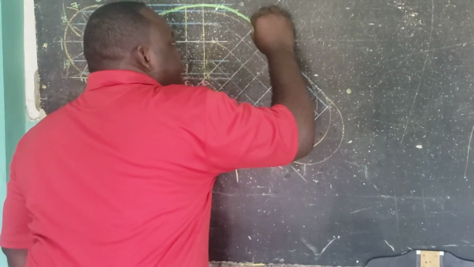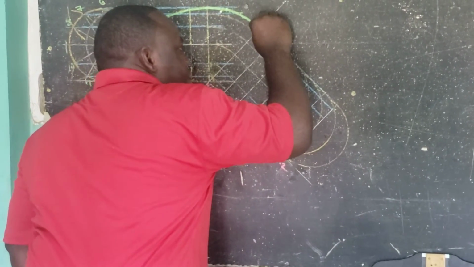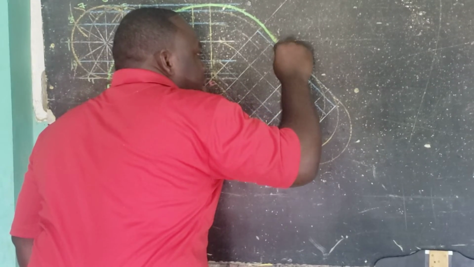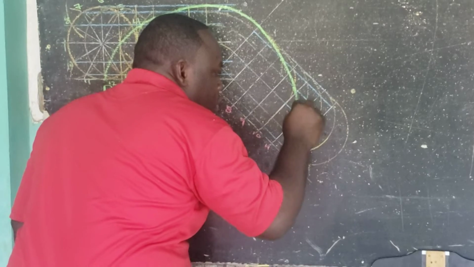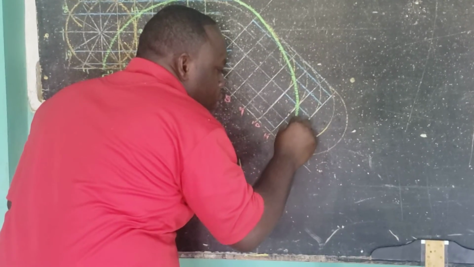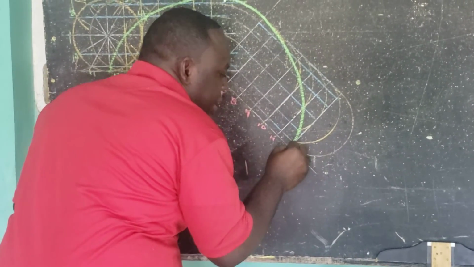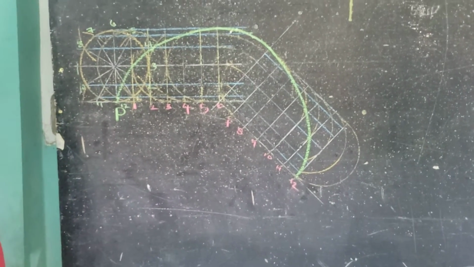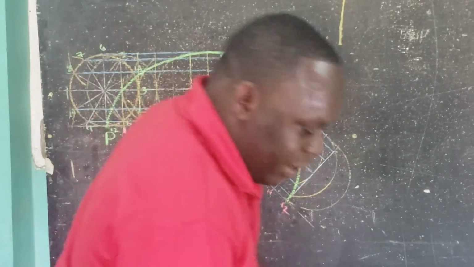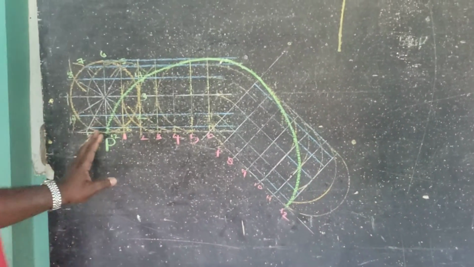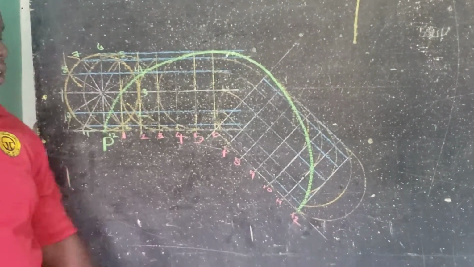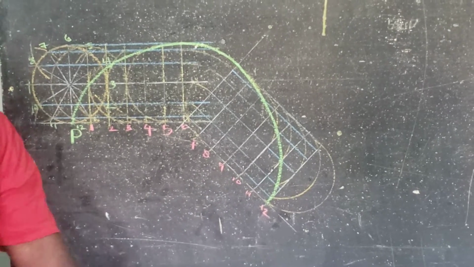So we can easily now continue to trace the path that our point would make, as it makes 1 complete revolution without slipping or skidding. So this is what our cycloid will look like when it actually has a break in the track.